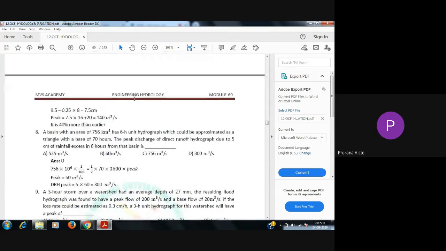The losses are the same, 0.25 into 8, that will be 2 centimeter, so the effective rainfall is 7.5 centimeter. Again, the peak means the same, 140 meter per second. Now it is 40% more than the earlier.